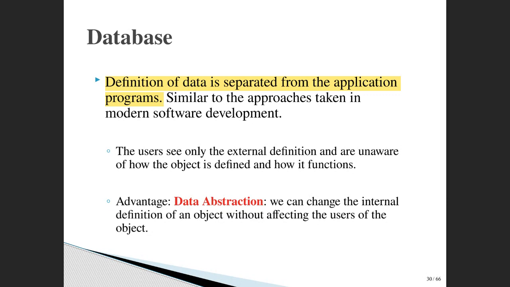Because the definition of data is separated from the application program, end users only can see the external definition of data, and they are not aware of the internal definition. For example, there are so many functions, so many objects, so many characteristics for every object in the database. As a University of Bahrain student, are you aware of the internal definition of the data, or just the interface and external definition?